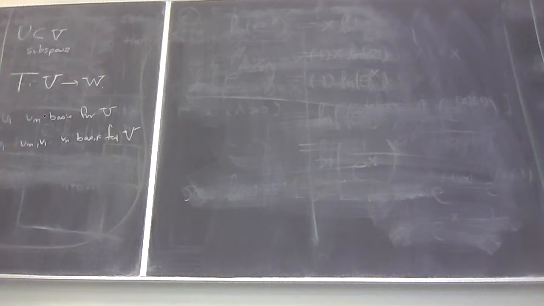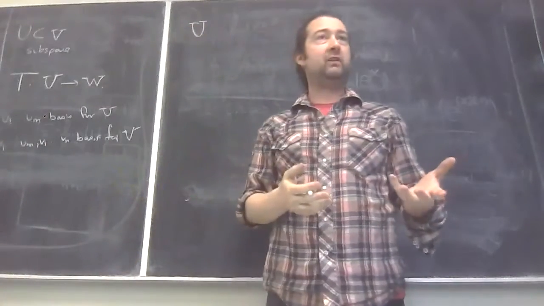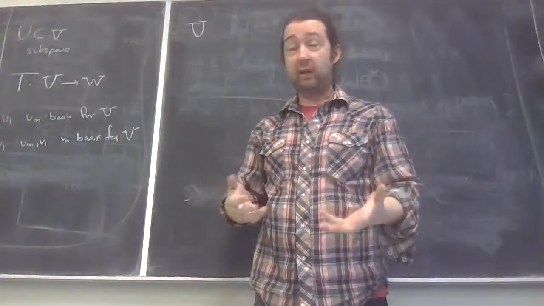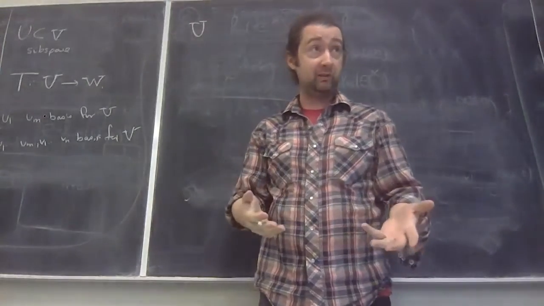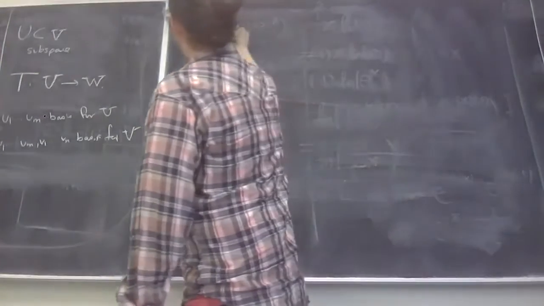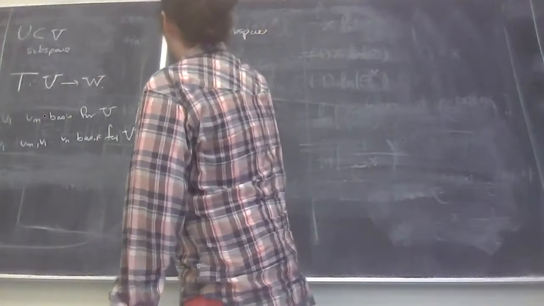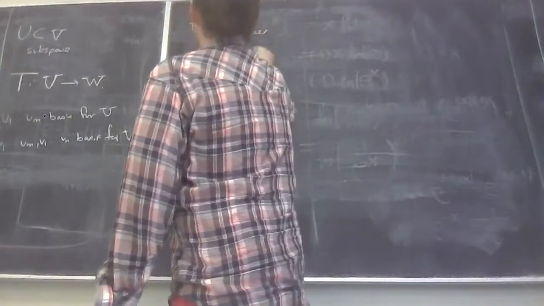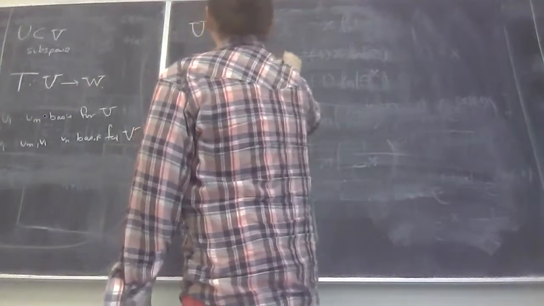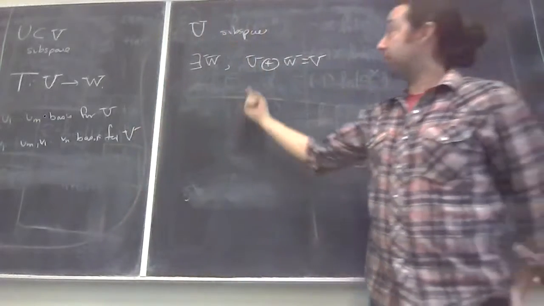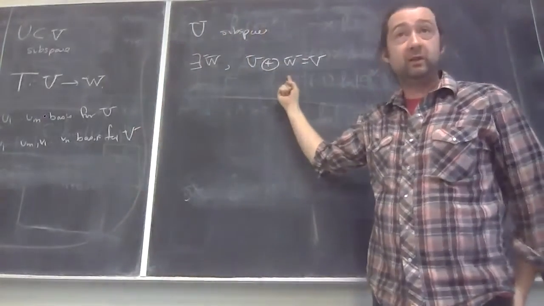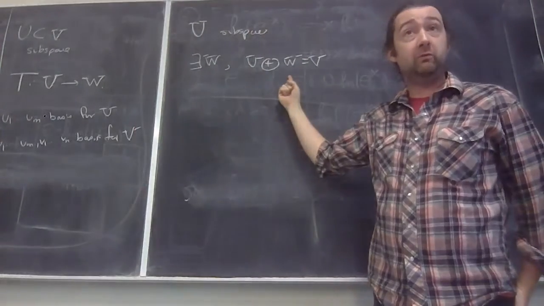In fact, a more natural way of thinking about what you're doing here would be to say, you guys remember the theorem that says that if you have a subspace, you can find another subspace that is a direct sum to the whole vector space? If you have U as a subspace, we had a theorem that says there exists a W so that U plus W is equal to V. So if you ever have a subspace, you can find another subspace that's a direct sum with the original one.